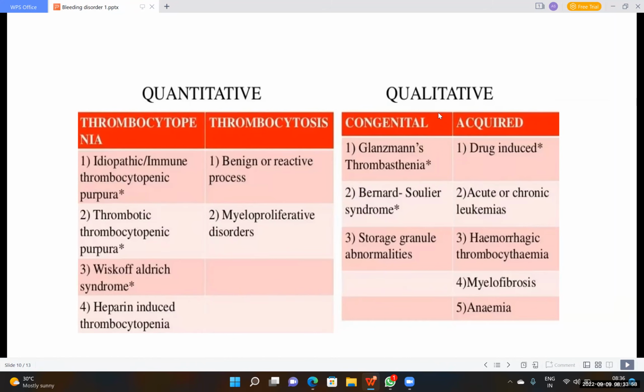In thrombocytosis, the quantitative causes include myeloproliferative disorders. Qualitative platelet disorders are mostly congenital. They can be Glanzmann's thrombasthenia, Bernard-Soulier syndrome. There can be storage granule abnormalities. Acquired could be drug-induced, acute or chronic leukemias, hemorrhagic thrombocythemia, myelofibrosis, or anemia.